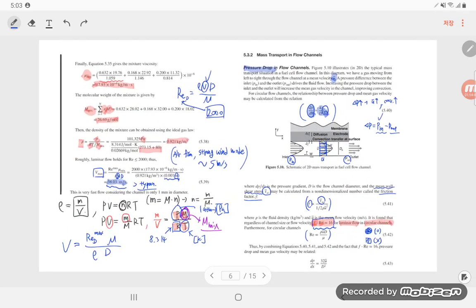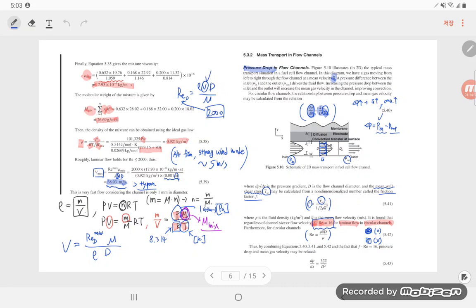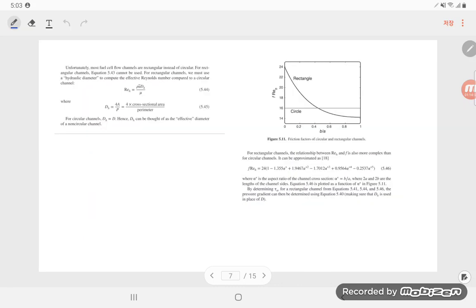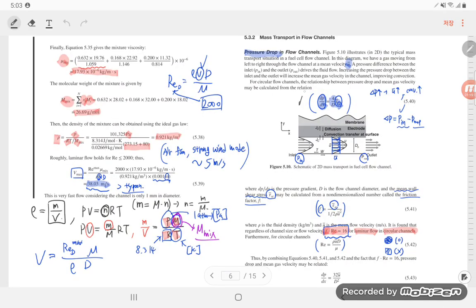There is not enough space. Okay, let's write down in here. Firstly, dp/dx equals 4 over d tau hat. The first equation.